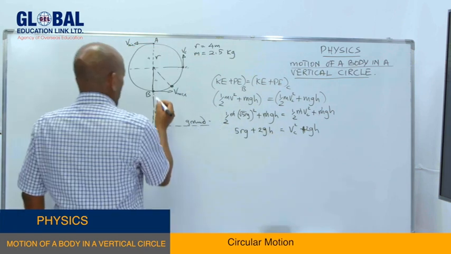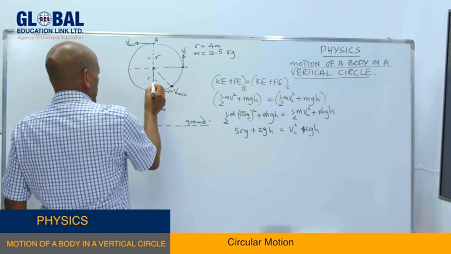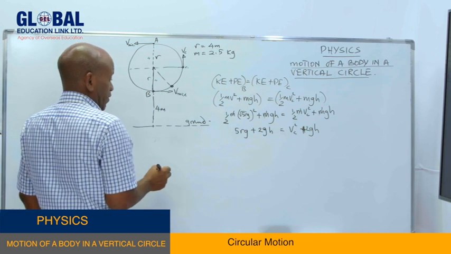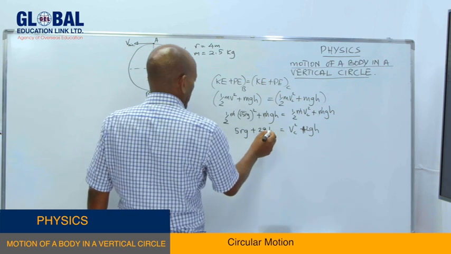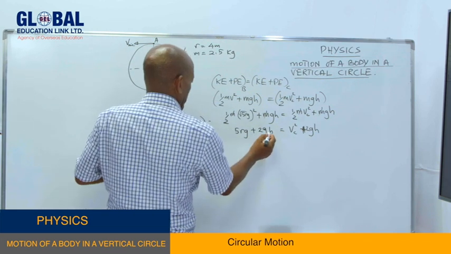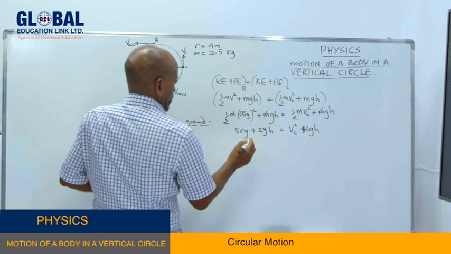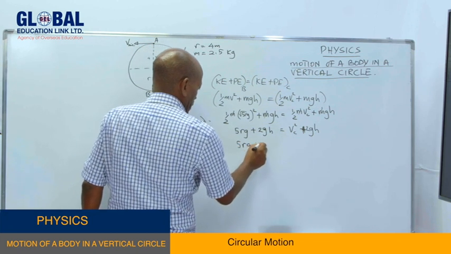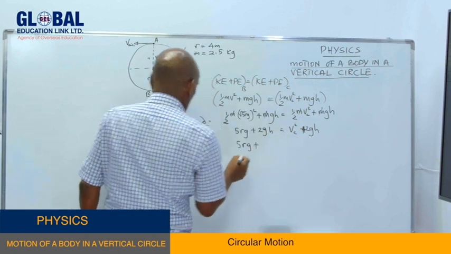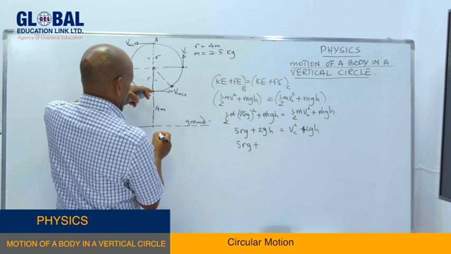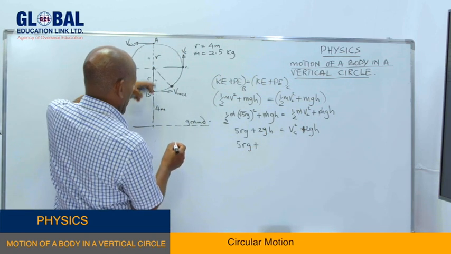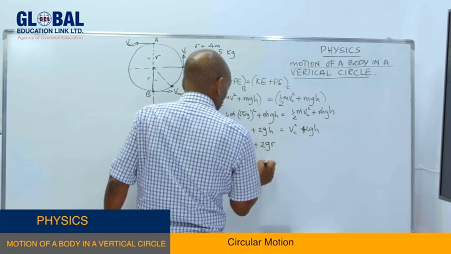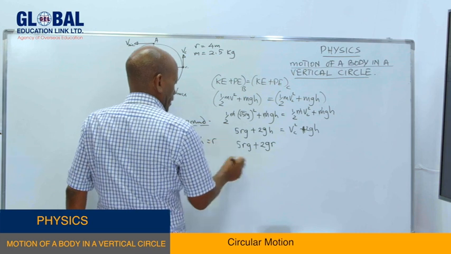This h here, if this is the radius, which is equal to 4 meters, is also the same as the radius. So here we have 5rg plus 2gh. The h in our first case is 4 meters, which is the same as the radius of the circle. So I can put it as 2gr, because h is just equal to the radius.